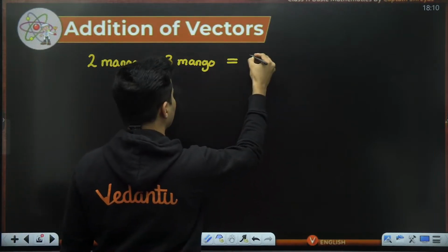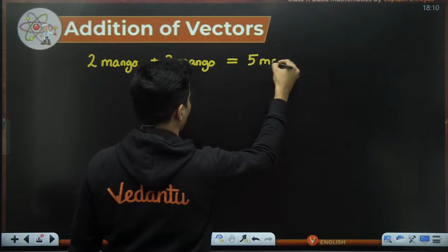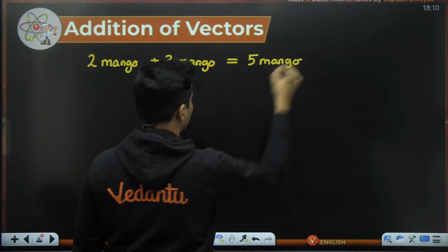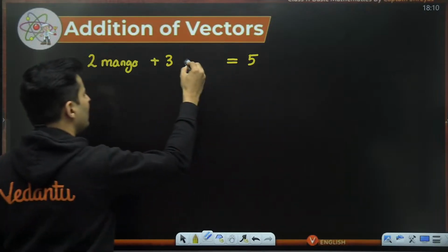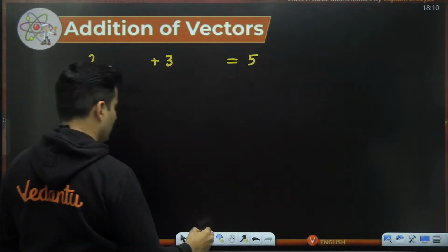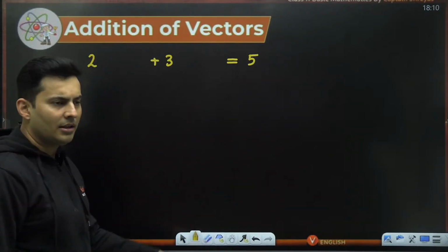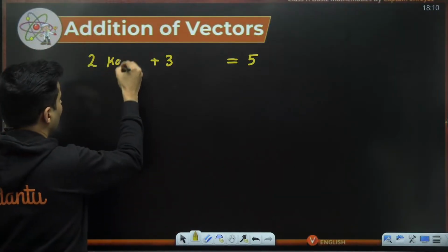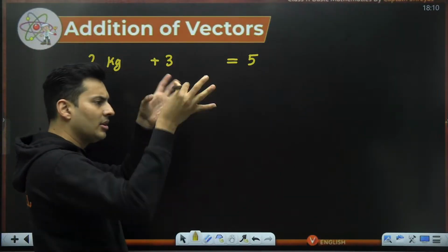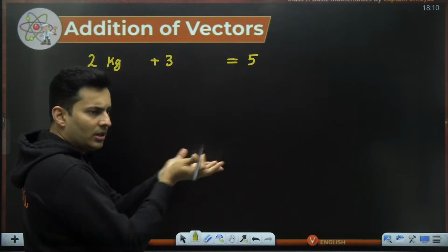You'll say 2 plus 3 is nothing but 5. Okay. Now replace this word mango with something else. There is a Pandu who is holding 2 kg of mass, and on top of it, he adds more weight onto the thing.